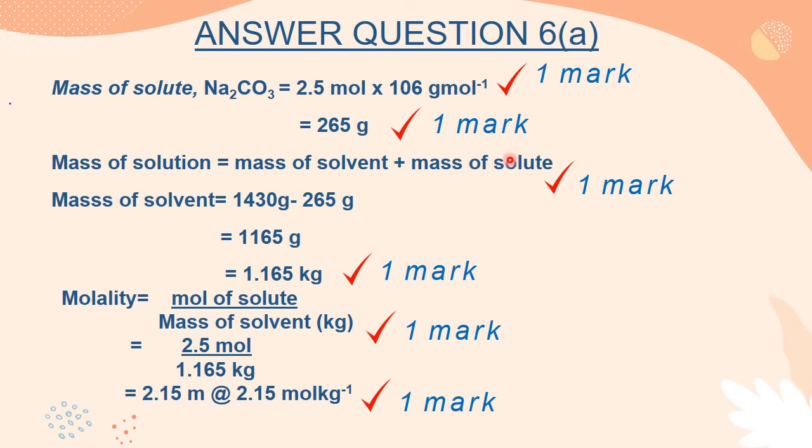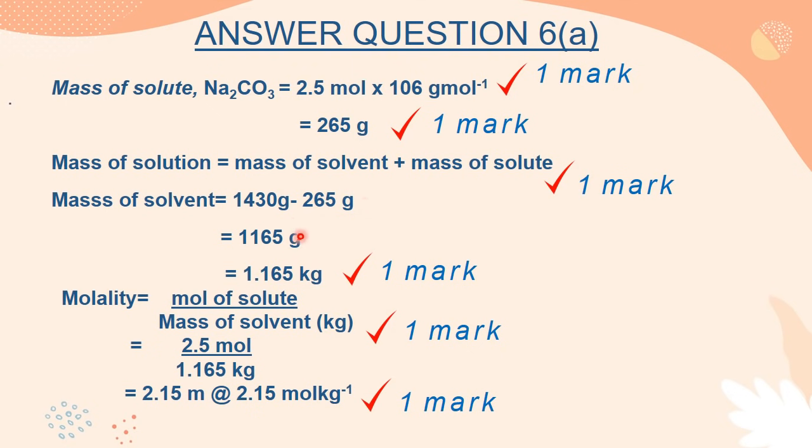We calculated these before. So from that, we can calculate the mass of solvent. So mass of solvent equal to mass of solution minus mass of solute, 1165 gram. So we get the mass of solvent.